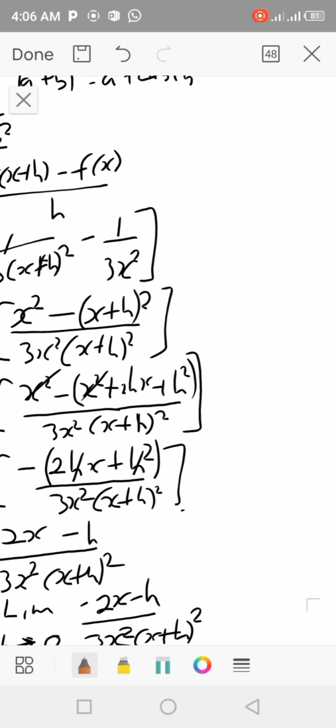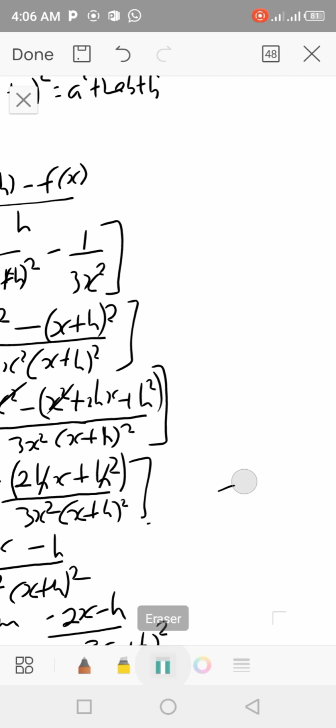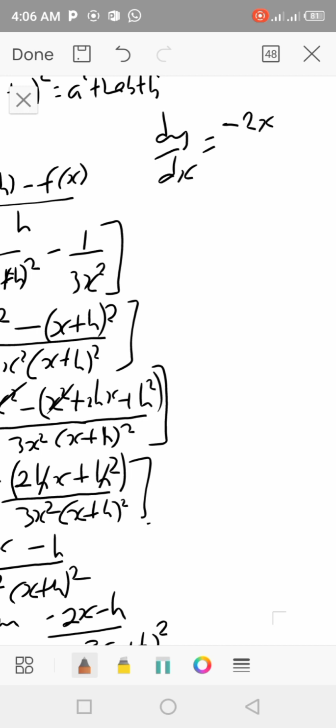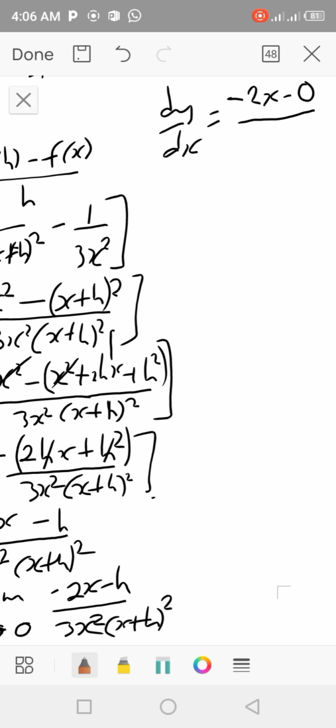So the final answer on that is going to be dy dx is equal to minus 2x minus our h tends to 0 over, so here we have 3x squared into x plus h, which tends to 0 raised to power 2.